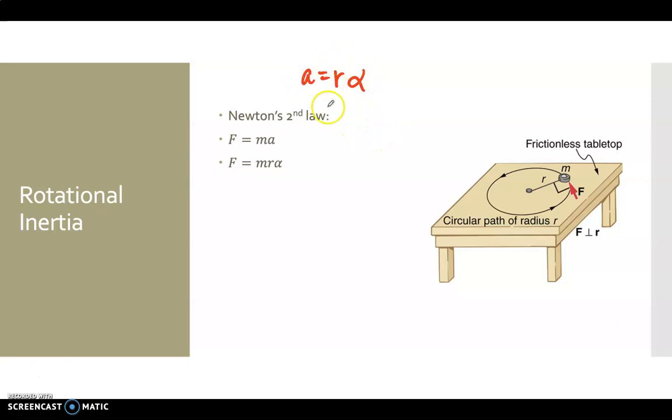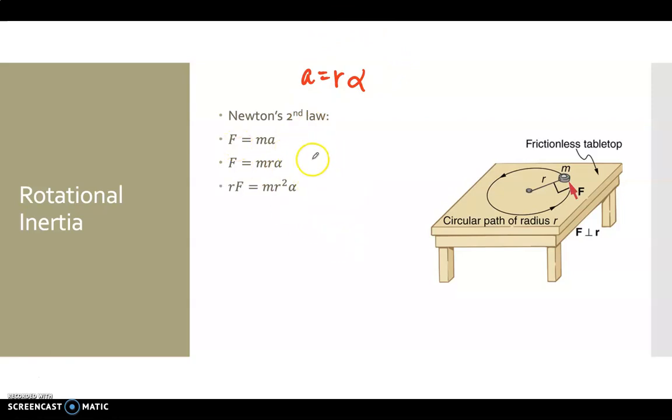So this is our acceleration, but now we're going to put it in terms of rotation. So this tells us that our force, we can still calculate it, but it's now going to be mass times radius times alpha, or our angular acceleration.